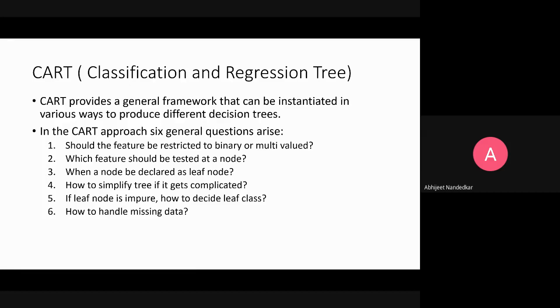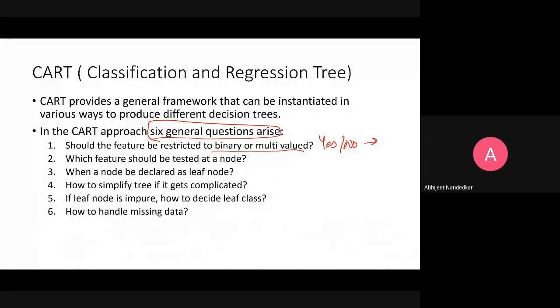In the CART approach, 6 general questions arise. That is, should the feature be restricted to binary or multi-valued? Shall I say yes, no type feature or multi-valued feature? That is one question.